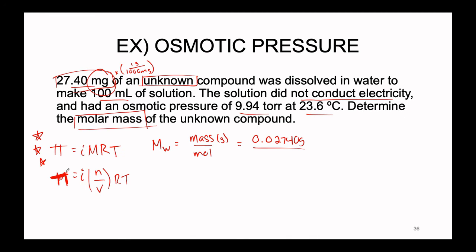The units present in the osmotic pressure equation are going to be the same units that we use in the ideal gas law equation. We need pressures in the unit of atmospheres, volumes in liters, moles in moles, and temperature in Kelvin.